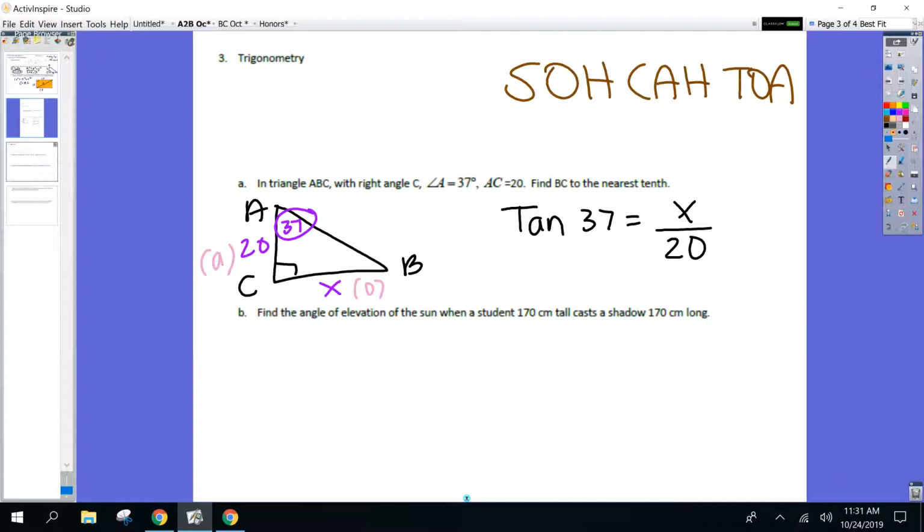How do you want to solve this? How do we solve something like this? Cross multiply. So x equals 20 times tangent of 37, which you can do right on your calculator. Everyone sees where the tangent button is. So 20 times the tangent of 37.